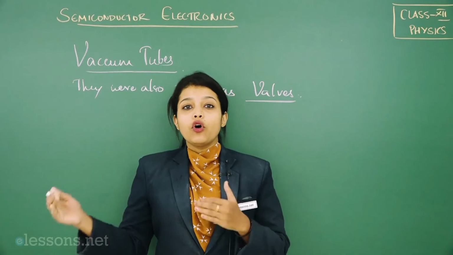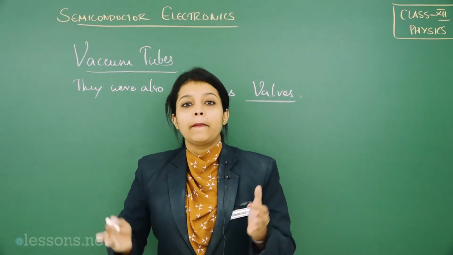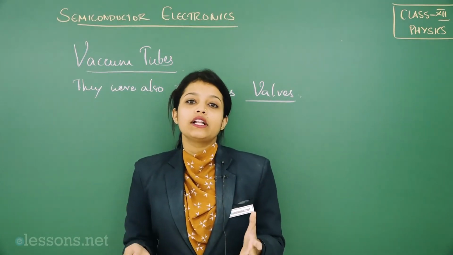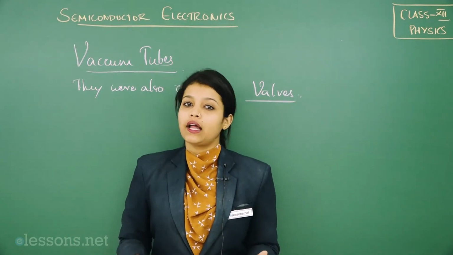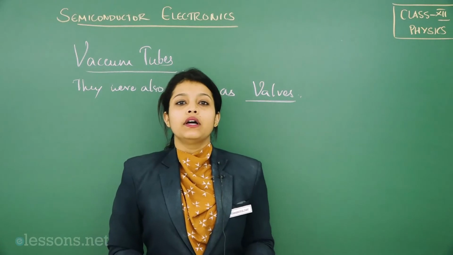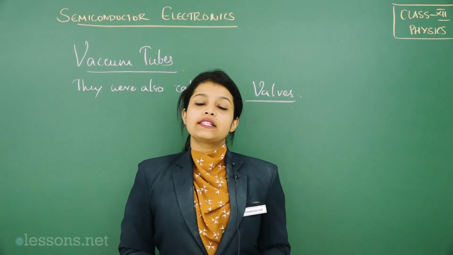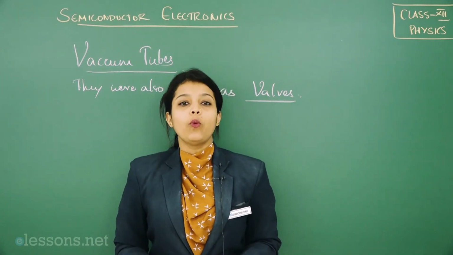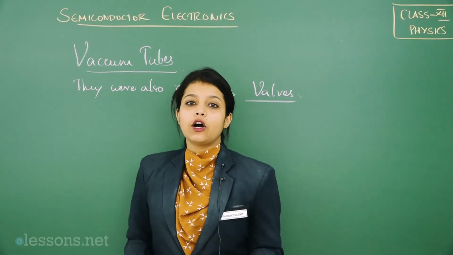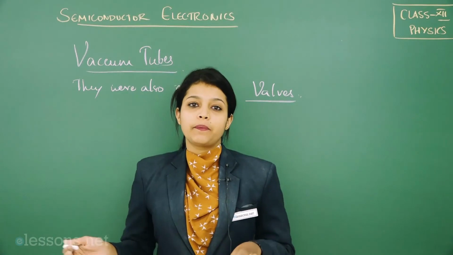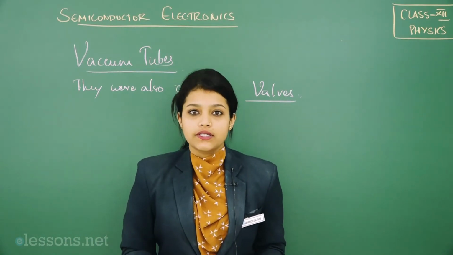And the flow of electrons was ensured by developing the potential difference between these two electrodes, that is the cathode and the anode. In the vacuum, there is a requirement of inter-electrode space. Now why? As I told you, the heated cathode supplies the electrons, right?